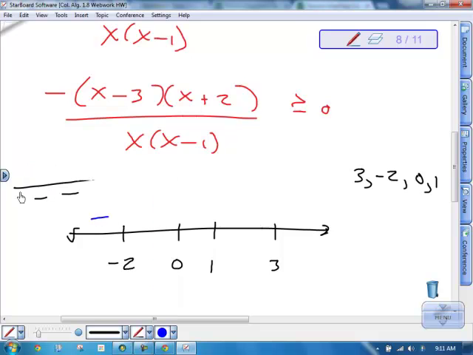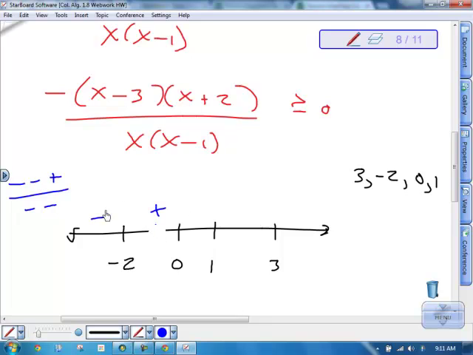Okay, now let's try sticking a number between 0 and negative 2, like negative 1. If we stick in negative 1, that negative's still there. This would be a negative. This would be positive. This would be negative. And this would be negative. So that's 4 negatives, so that'd go positive.